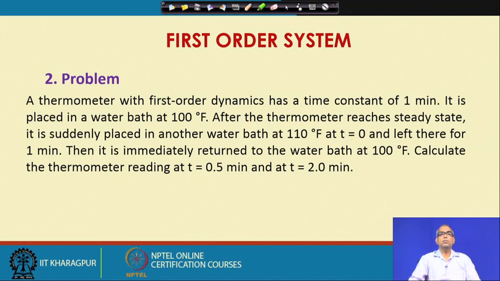So, try to understand the problem. You have a thermometer, which is a first order instrument. So, the thermometer was showing a temperature of 100 degree Fahrenheit. It has a time constant of 1 minute. So, it was steady at 100 degree Fahrenheit. Now, suddenly, and I call that time as time t equal to 0, suddenly the thermometer is put to a water bath with 110 degree Fahrenheit temperature.